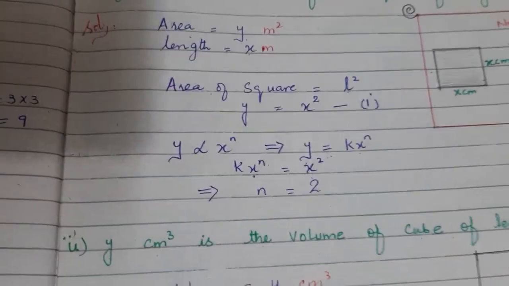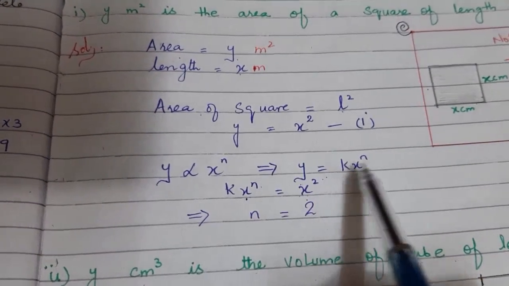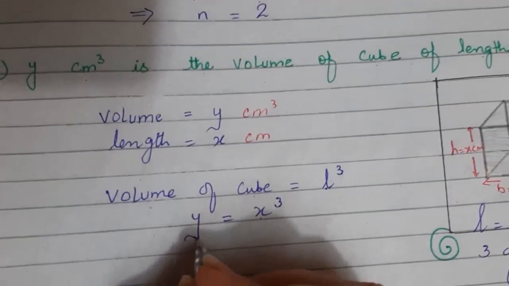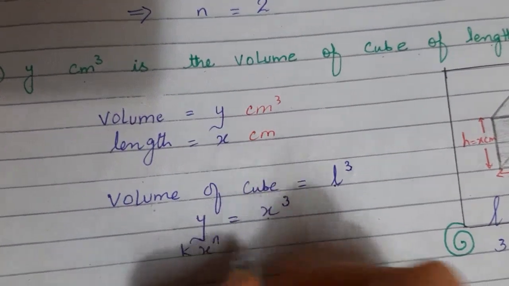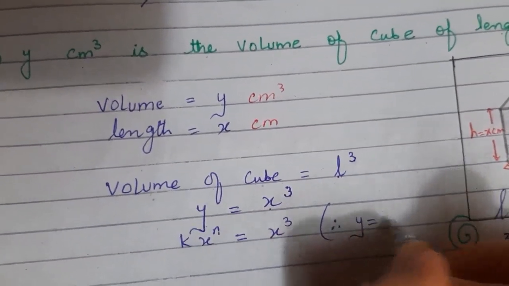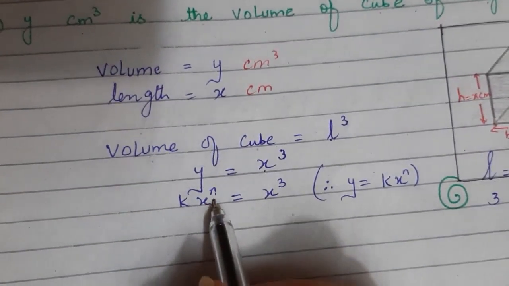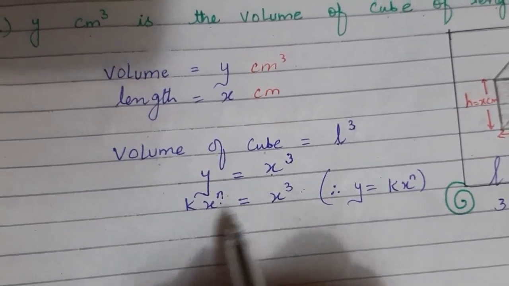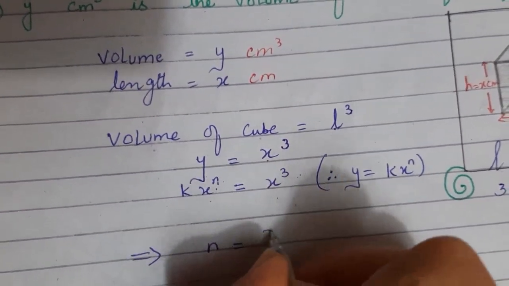From part number 1, you can see that the value of y is kx^n. We are going to put this value as kx^n which is equal to x cube. Now again we are going to compare the powers of the variable. This implies that n is equal to 3.